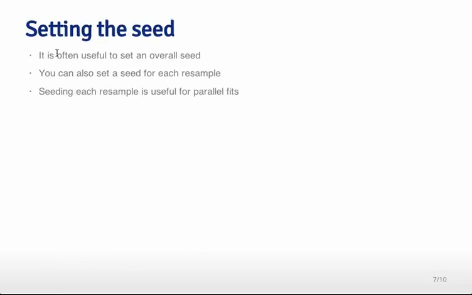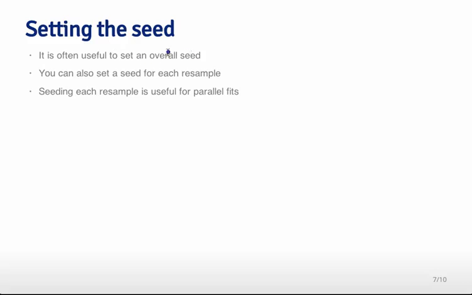Finally, an important component of training these models is setting the seed. What I mean by that is most of these procedures rely on random resampling of the data, and if you rerun the code over again, you will get a slightly different answer because there was a random draw that was created when you were doing cross-validation.